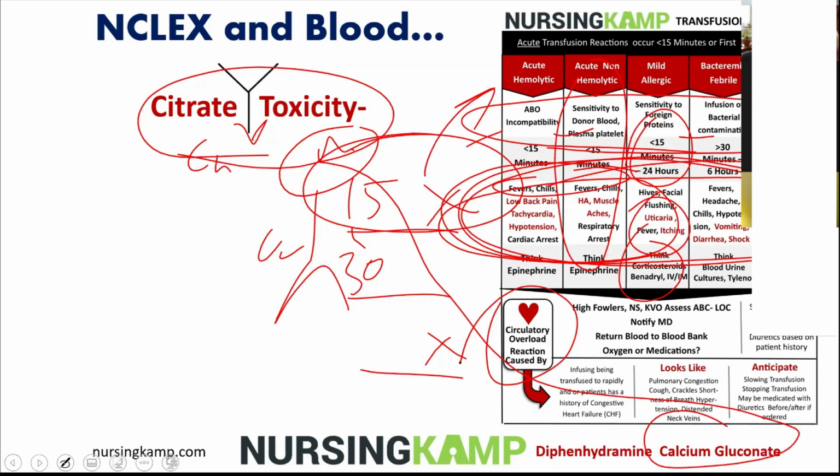So if the patient says they're short of breath and the blood is running, you can assess lung sounds, right? Because are they CHF or not? If I assess lung sounds, then there are crackles. So think about this: the patient is receiving blood and is short of breath.